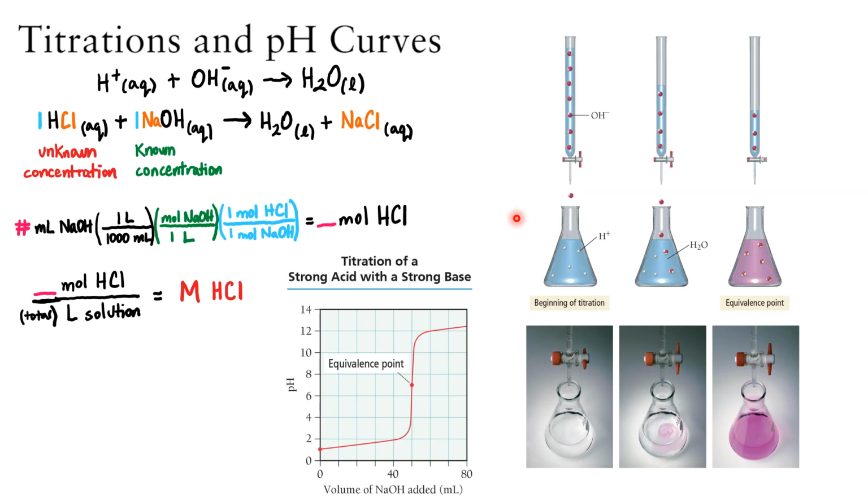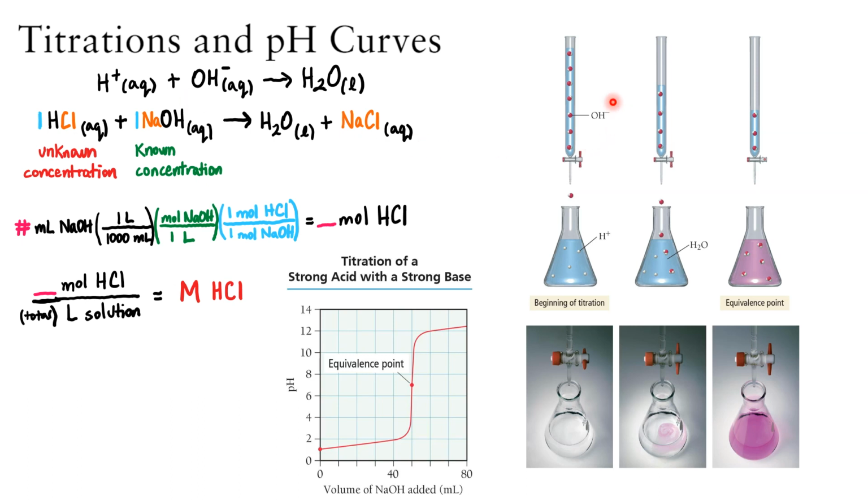And then the idea is that if you write, acid plus base makes water and a salt, we don't really care about the salt, we just care about the acid and the base. And really this is just H plus OH minus makes water, right? And the H plus and OH minus in this case are a 1-to-1 ratio.